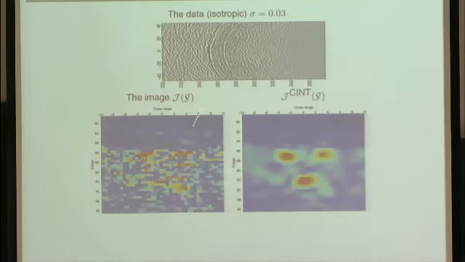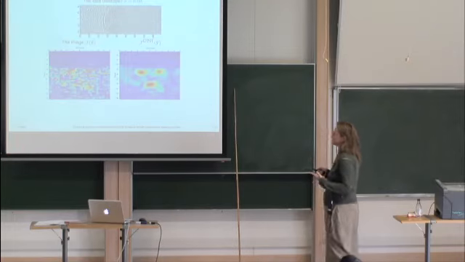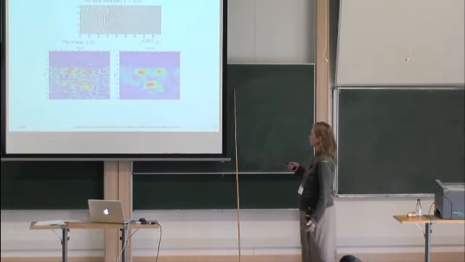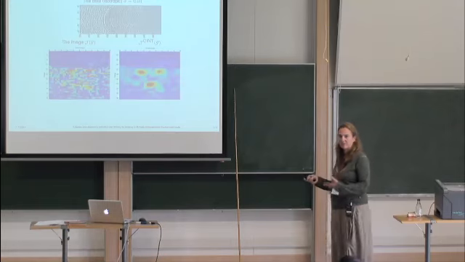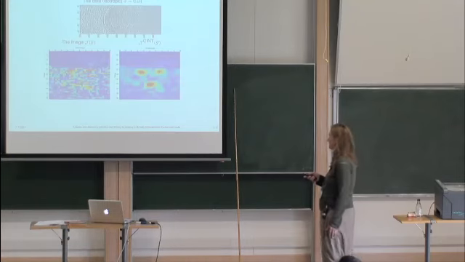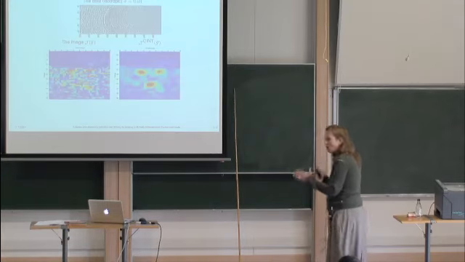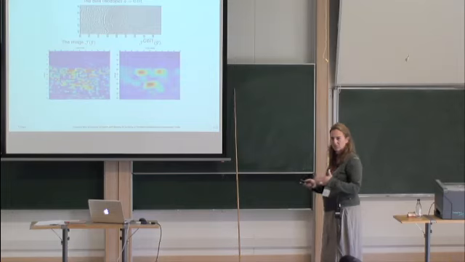And in this case, this is the image that I get by the standard migration, and if we do this smoothing, we get something better, in the sense that I only have red spots only where the targets are, and my image is stable with respect to the realization. This is not shown here. You have to do more realizations and observe that the results are indeed stable. Okay, so it works when the fluctuations are not too strong.